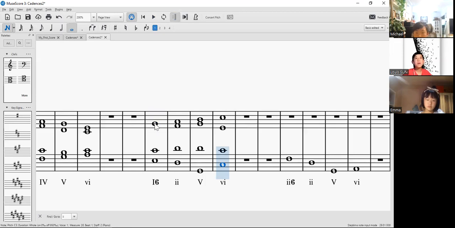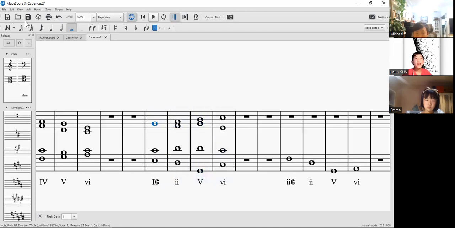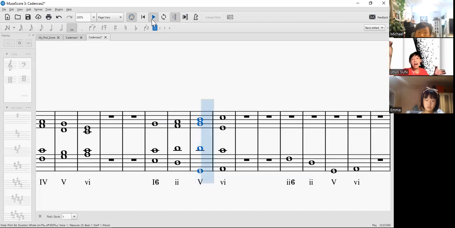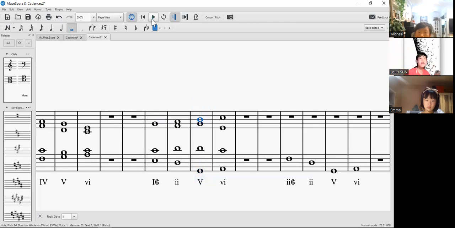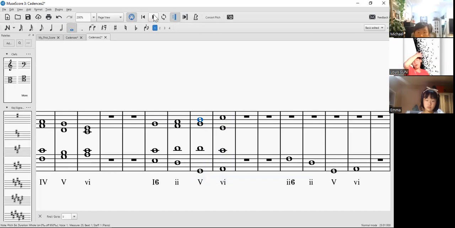So people expect it to sound like this. But instead, you take them off the trail with an interrupted cadence, and then they expect a brilliant, perfect ending, but then they get a little bit of a minor chord, slightly sad. That's what makes the interrupted cadence so effective.